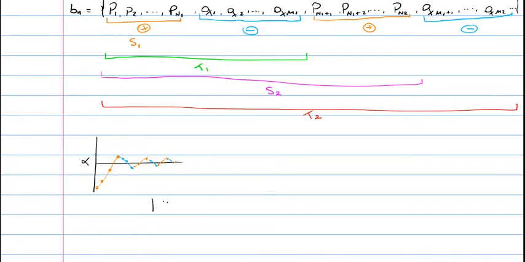We know that S sub k, so the k-th time we add positive numbers, minus alpha, will always be smaller than p sub nk, and t sub k minus alpha will be smaller than minus q, because q's are all negative numbers, so minus q is a positive number, sub mk.